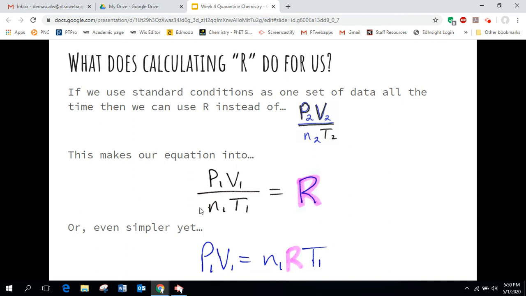And now we have PV over NT equals R. That's much simpler. Even simpler yet is what if we take everything and make it linear? In other words, get rid of the N1 T1 on the bottom and make it a linear equation, everything in the numerator. We get PV equals nRT, more commonly referred to as PivNert. Yes, PivNert. If you can remember PivNert, you know the ideal gas law equation, PV equals nRT. All right?